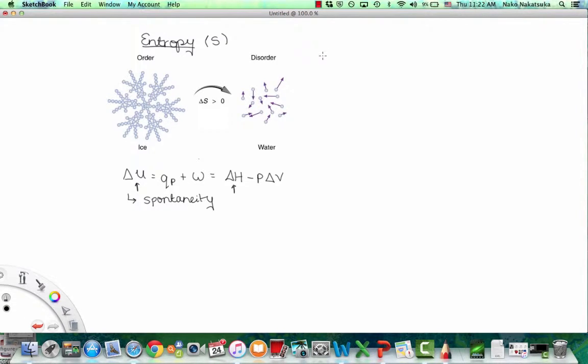But another way that I want to describe entropy is the number of ways of achieving a given energy state, which is called degeneracy. Degeneracy is given the symbol W, but don't confuse it with work. They're completely different things.